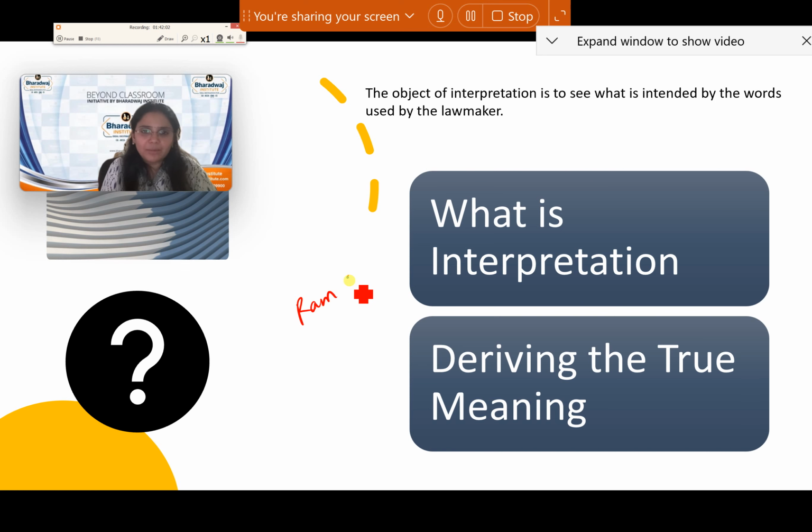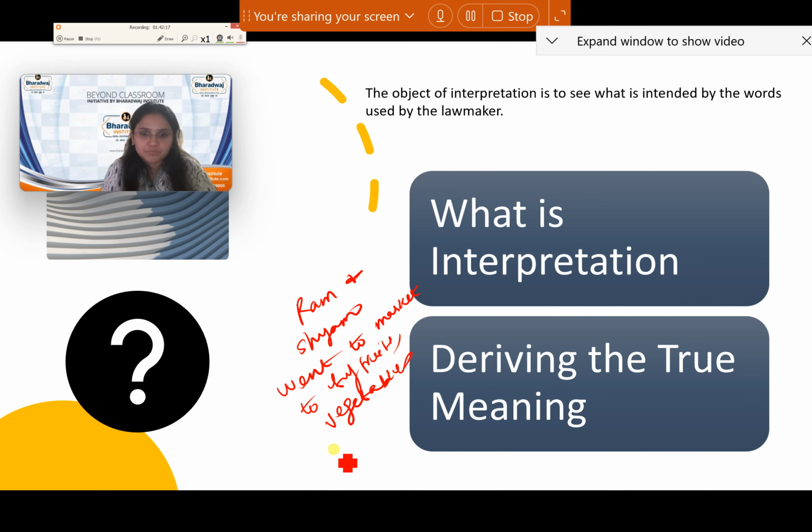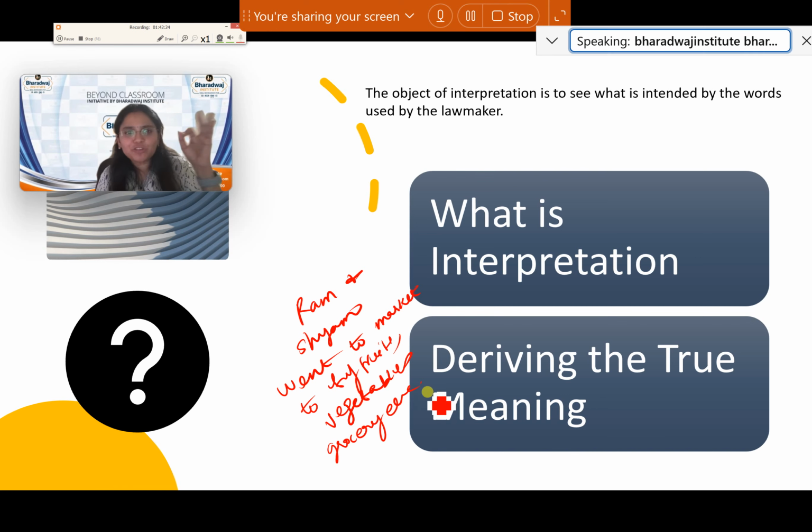இப்போ for example நான் இப்படி எழுதுறேன். Ram and Shyam இப்படி ஒரு சென்டென்ஸ் நான் எழுதியிருக்கேன். How are you supposed to be reading it?